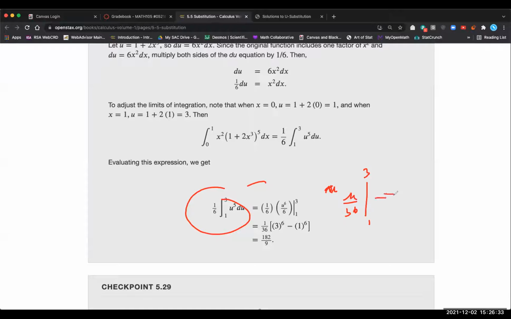Some people just change it back. Oh, I know what u is. But you see it looks simpler to evaluate here. Some people go ahead and put that back in and say what u was from our beginning. u was 1 plus 2x cubed. So really what this is, (1 plus 2x cubed) to the 6 over 36.